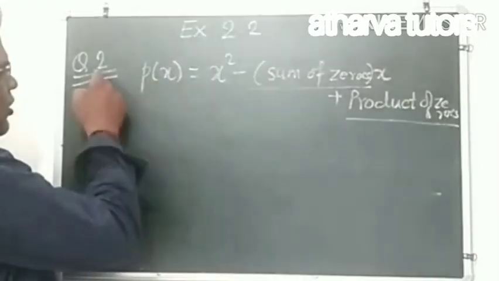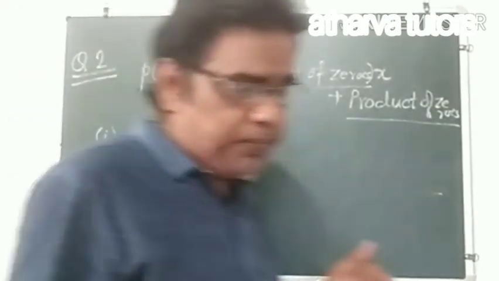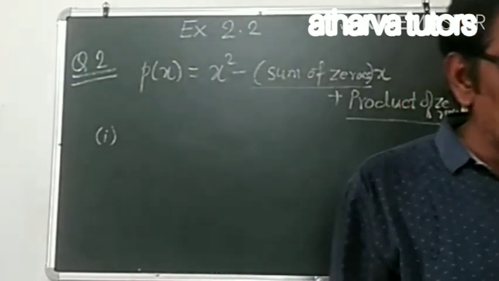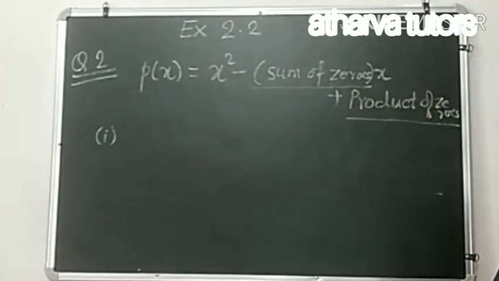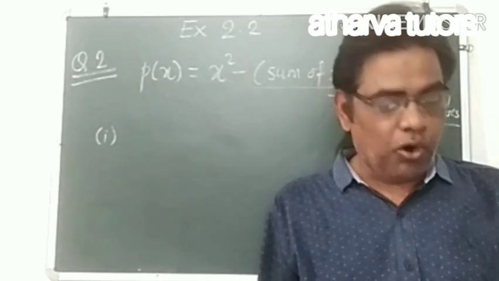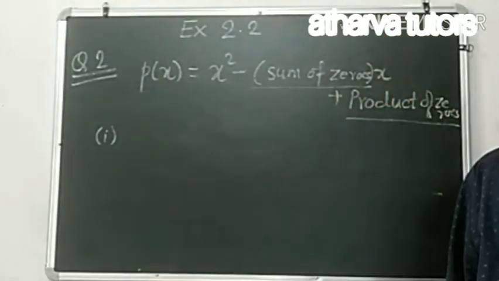So question 2 first. The question is: find a quadratic polynomial each with the given numbers as the sum and product of its zeros respectively.